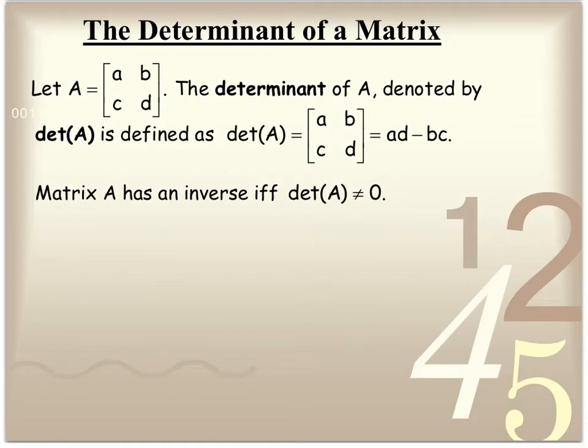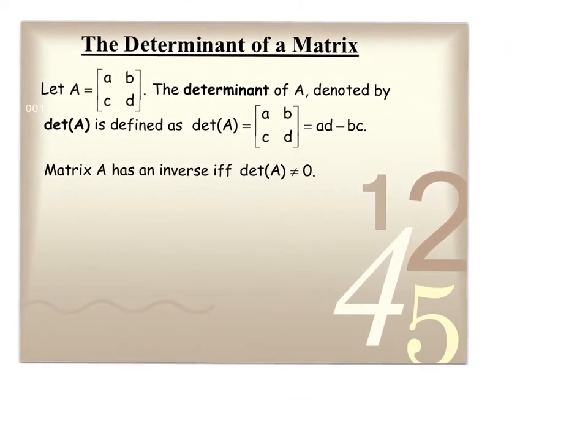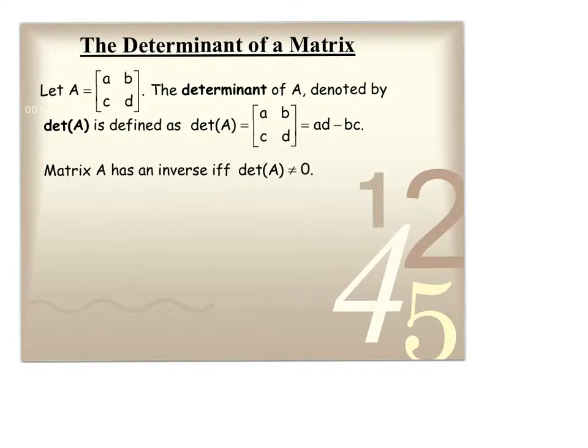Okay, so in this video we're going to start talking about this thing called the determinant of a matrix. So we have a variable matrix. I'm calling it a variable matrix because there are variables inside of it. We're saying let A equal this 2 by 2 variable matrix, and the determinant of A, which is denoted or abbreviated like this, is equal to this.